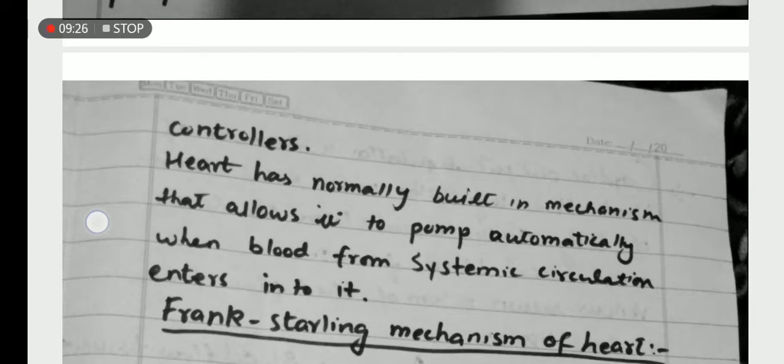So in this way, the action potential or nerve impulse travels on the surface of the heart, and it causes the contraction.